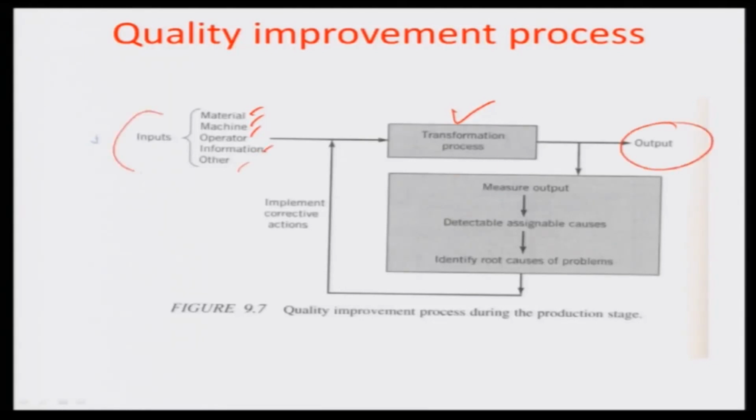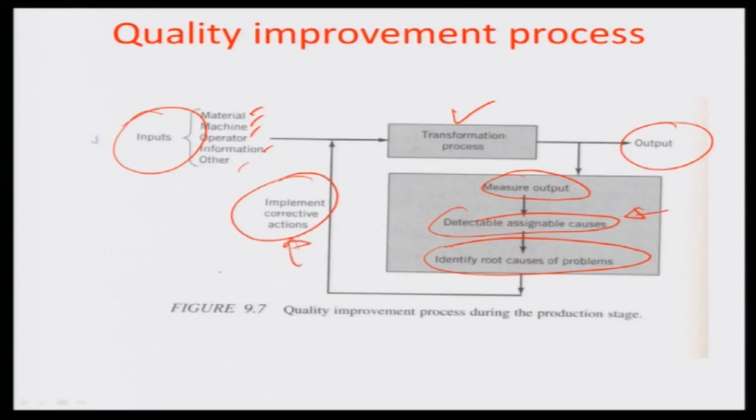Obviously it gives an output, and then there are certain sampled outputs which are measured, and there are detectable assignable causes because of which whatever variation in the output is recorded is identified, and then obviously the root causes have to be eliminated, and then whatever corrective measures identify the root causes and eliminate them have to be fed back into the transformation process, so that it now has a measured output which is within reasonable limits.